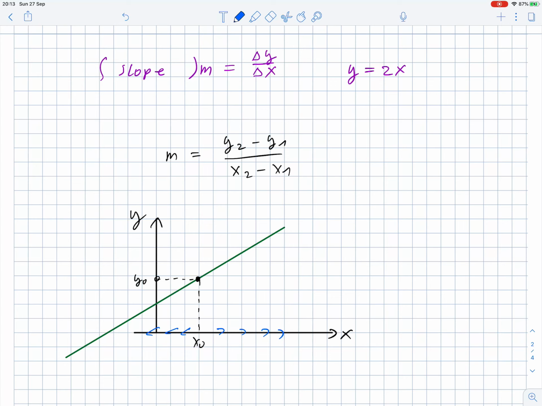Let's assume at some point your x is here. For this x, of course, you will have exactly one y. For another x, of course, you have another y, which means this point can move, can travel like this.